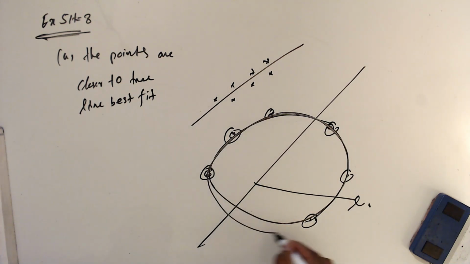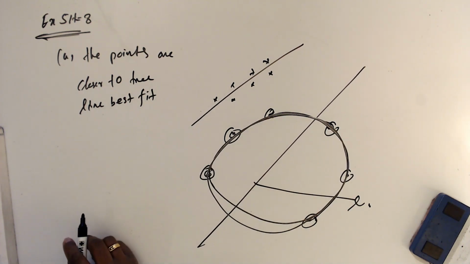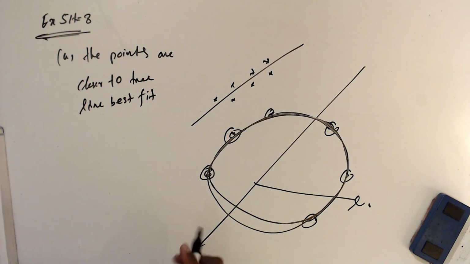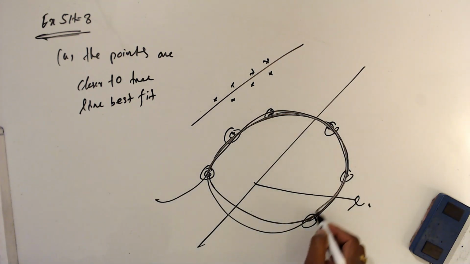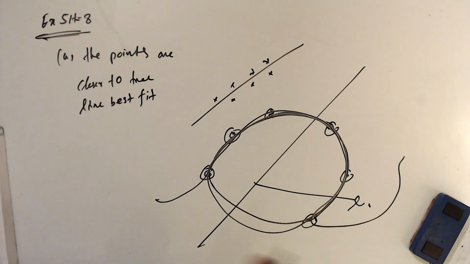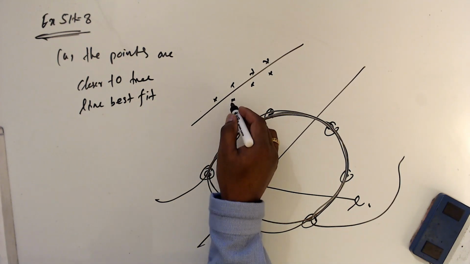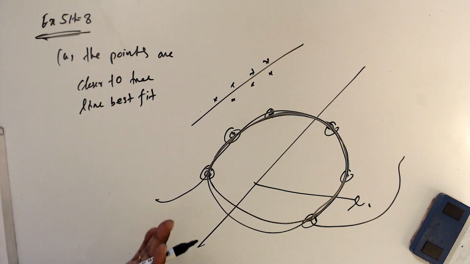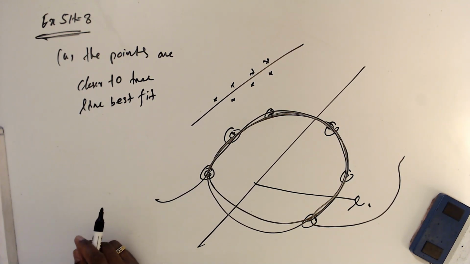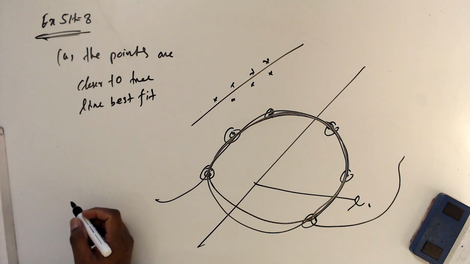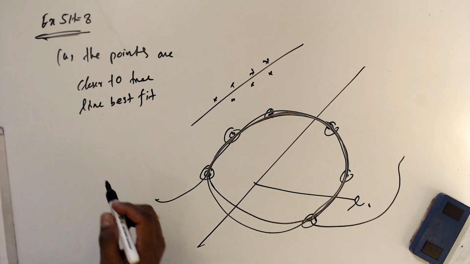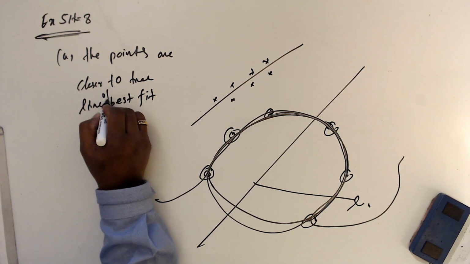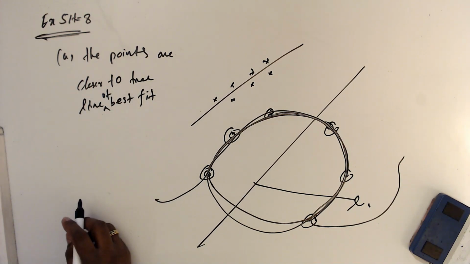We can show this by a circle, or another graph with curves, because those points are far from the best fit. But fortunately, in this question the points are very close to the line. So the points are closer to the line of best fit. So that is part B.